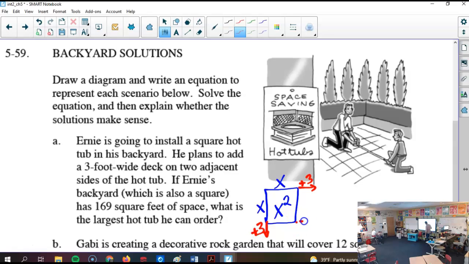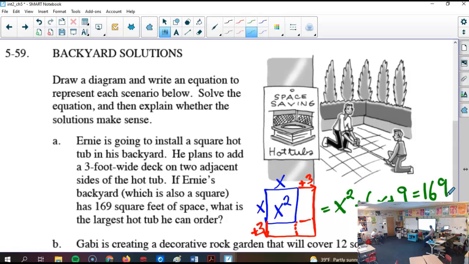This is starting to look like a model that we've done before. Oh my god. Oh, it's an area! Wow! So it's x squared plus 6x plus 9 equals 169. And then you take the square root of 169.